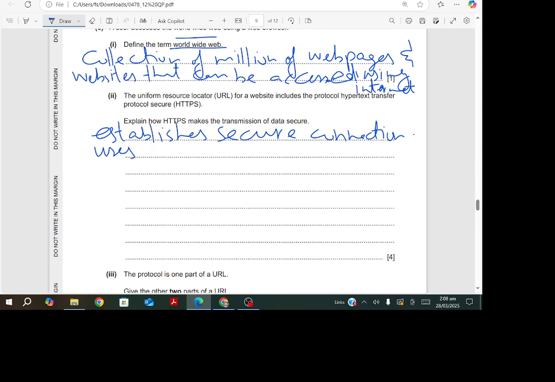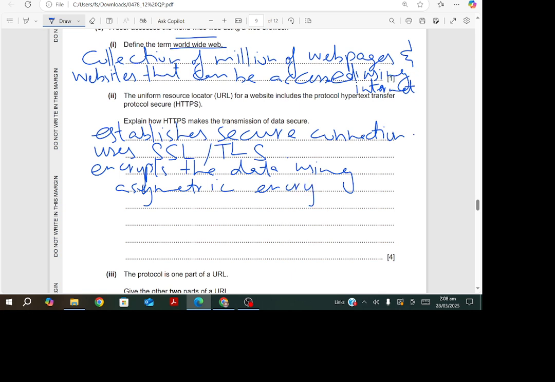It uses SSL or TLS, secure socket layer or transport layer security. Then it can also encrypt the data, encrypts the data using asymmetric encryption. What else can you write?